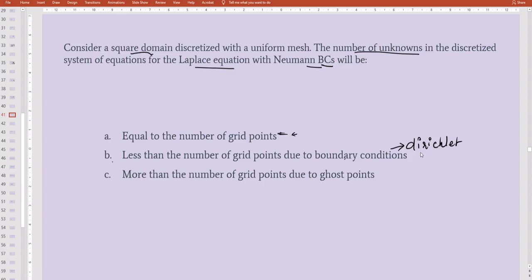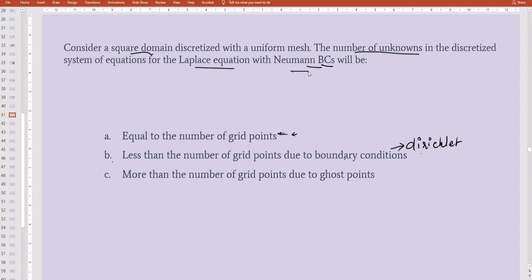If the boundary conditions are Dirichlet, then we know the value of that particular parameter at the boundary. So we only have to find the values for the inside of the mesh, not the outside.